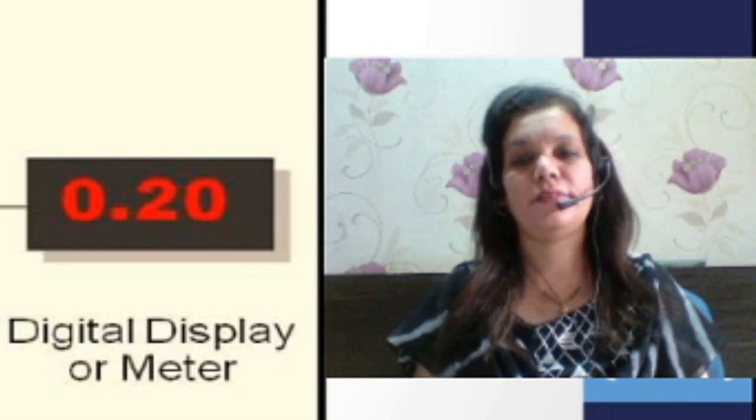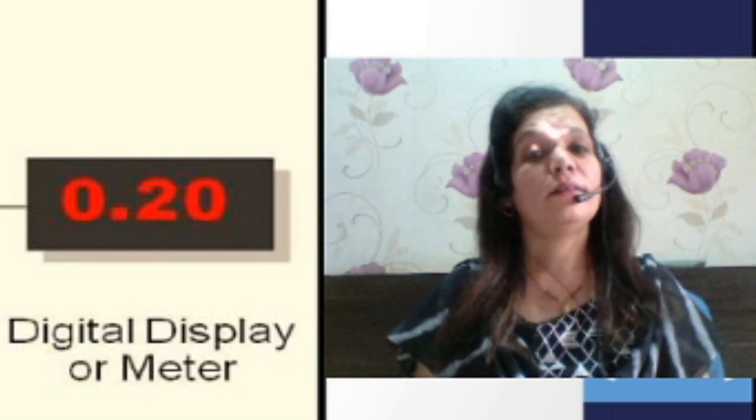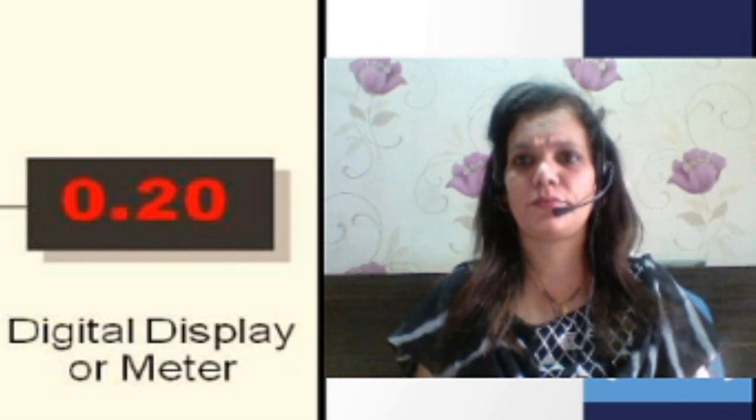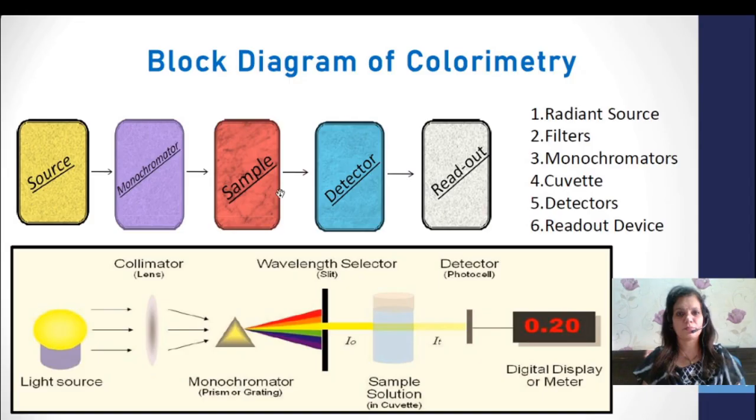So these are the components of colorimeter as well as spectrophotometer: radiant source, filters, monochromators, sample solution kept in a container called a cuvette, detectors and readout device. The same diagram we can see here: light as a source, monochromator, then colored solution, detector and readout device.